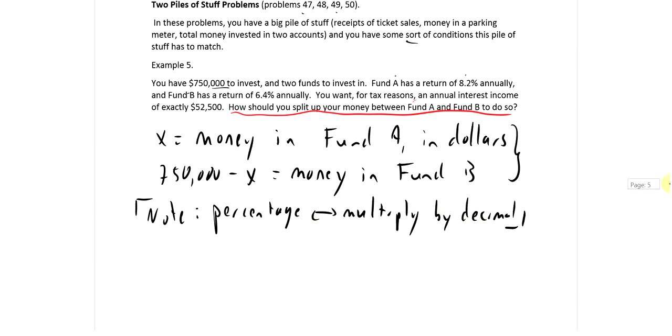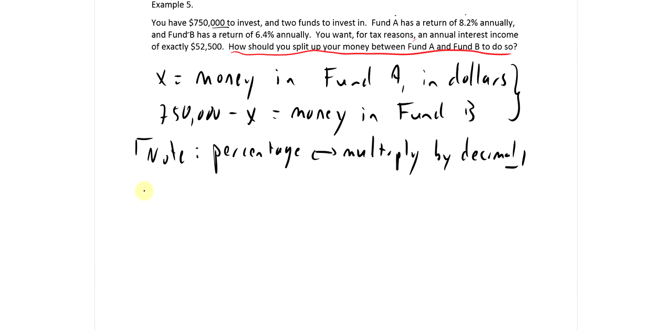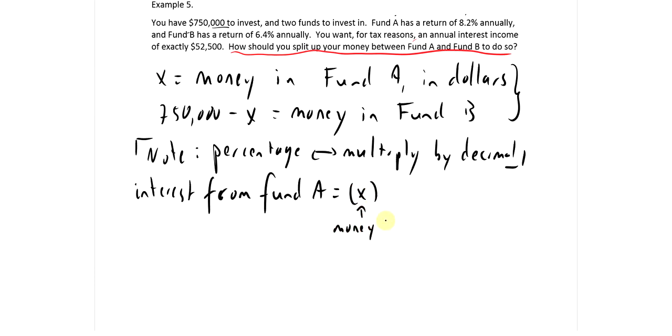So how much interest do you get from Fund A? Right? How much income? Well, how much money do you have in it? You have X dollars in Fund A. What percentage of that do you get in interest?